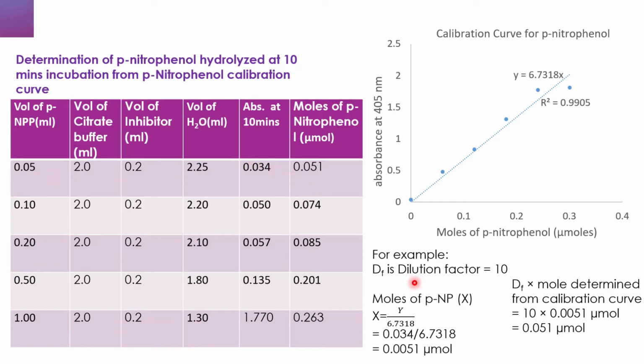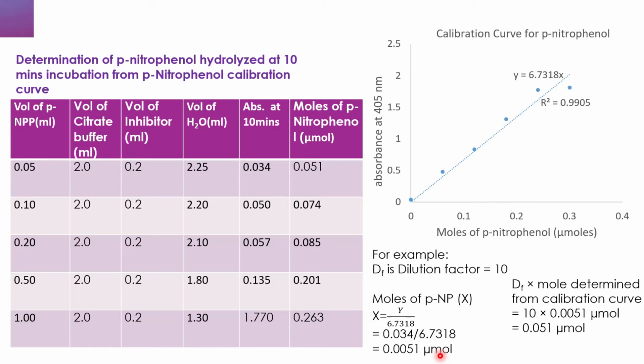To make S the subject, we get S is equal to Y divided by the slope over here. After this, we substitute this absorbance value into the equation. So we will get 0.034 divided by 6.7318, and if you calculate this, you get 0.0051 micromole.